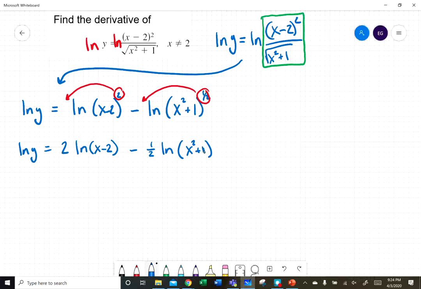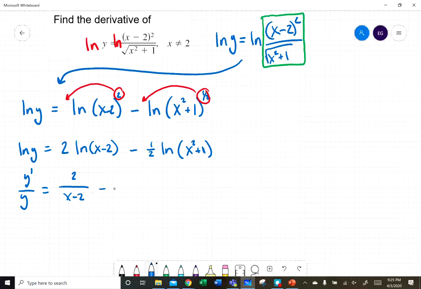Okay, so now at this point, we can take the derivative of both sides. So implicitly, the derivative of natural log of y is 1 over y times y prime, or we could just say that's y prime over y. And the derivative of the natural log of x minus 2 is 1 over x minus 2, and we have a 2 out front, so that will be 2 over x minus 2.